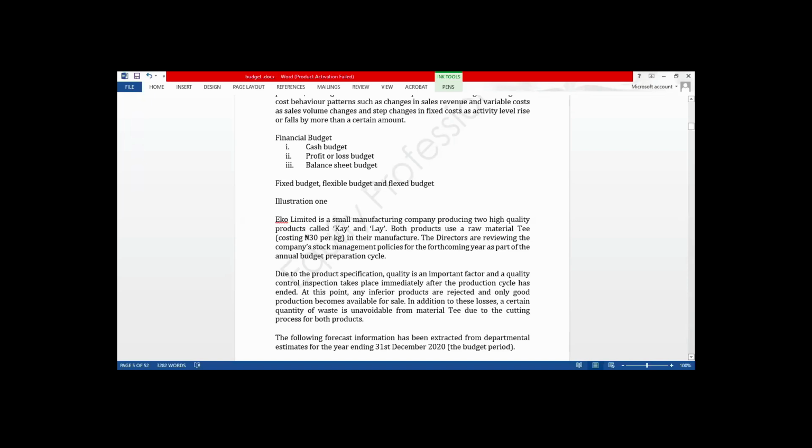Now, the MD signs up that budget. That is the original plan of the company. That is your fixed budget. That budget is what we want to achieve as a company. Immediately the MD or senior management signs, it becomes an executive order that every member of the company must work towards.